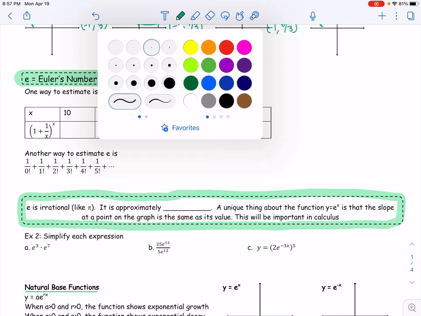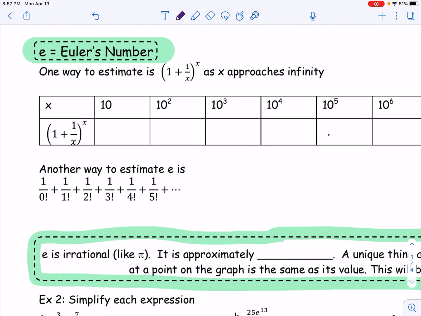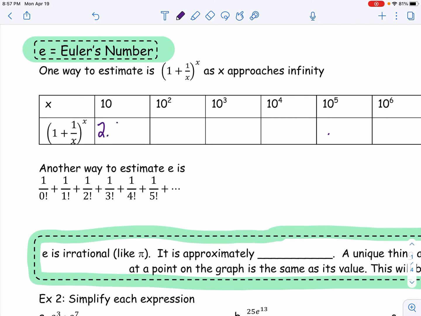All right, I have the values of x at the top, and we're plugging those values of x into this formula. So 1 plus 1 over x raised to the x power. So we're just going to start off with 10. If we plugged in 10, 1 plus 1 over 10 raised to the 10th power, we would get 2.5937.